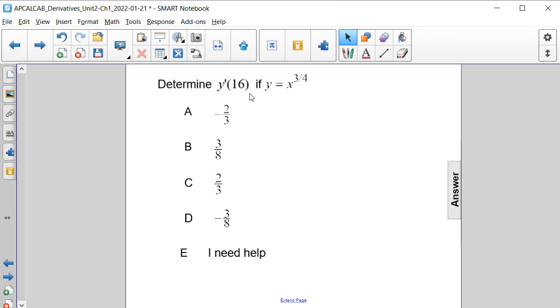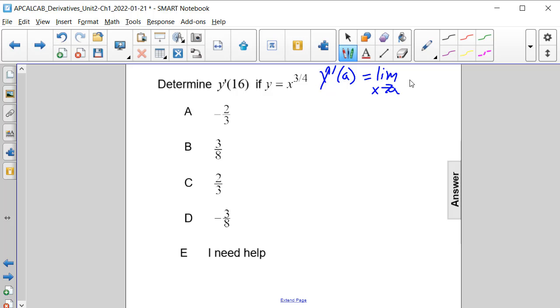Determine y prime of 16 if y is equal to x raised to the 3/4 power. We know through the alternate form that, in our case, y prime of a is equal to the limit as x approaches a of y of x minus y of a, all divided by x minus a.